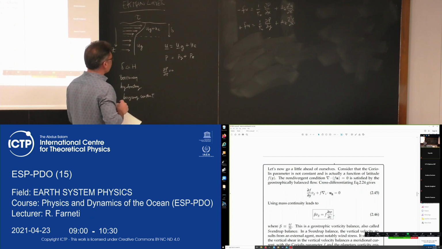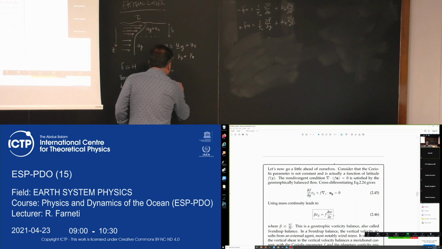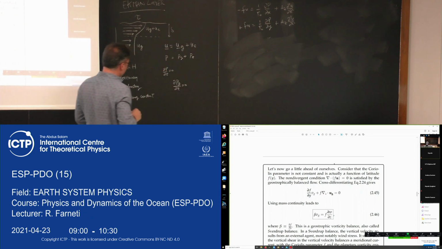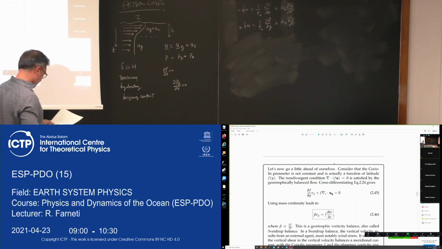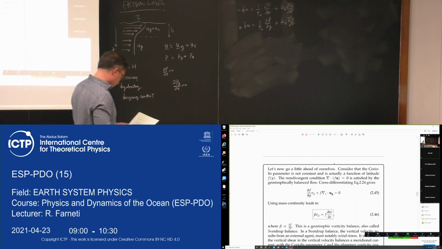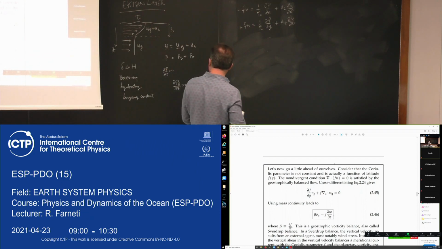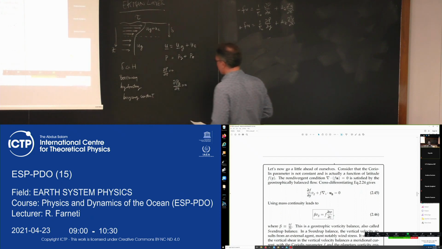So in the boundary layer, the geostrophic contribution to pressure is equal to 0. Okay, because of the hydrostatic balance.